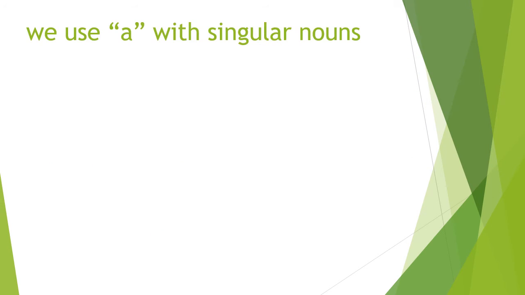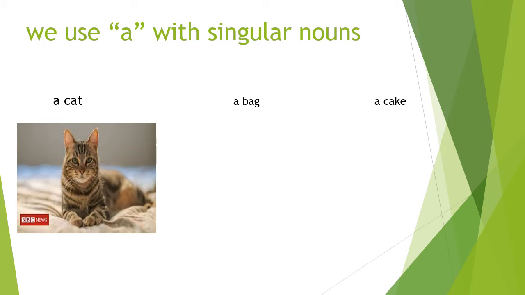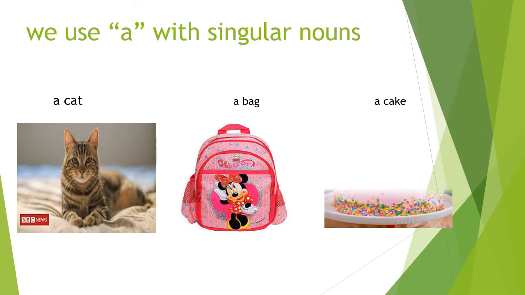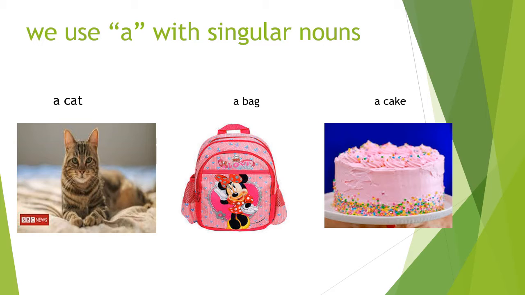So we use a with singular nouns like a cat, a bag, and a cake.